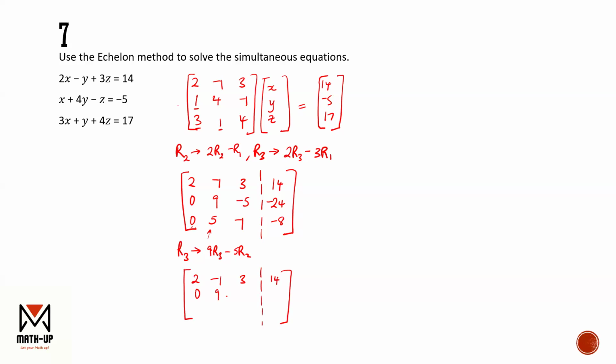This is 0, 9, -5. Then 9 times -8 is -72, minus 5 times -24, which is 120. That's going to give me positive 48.